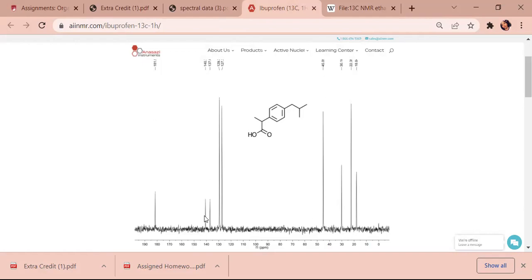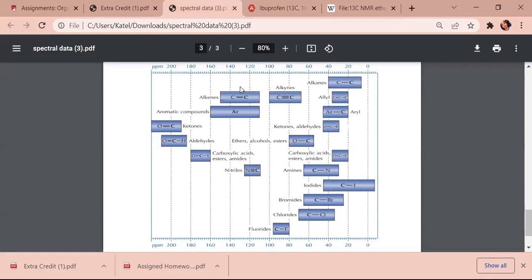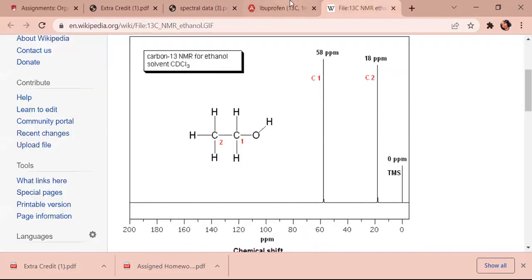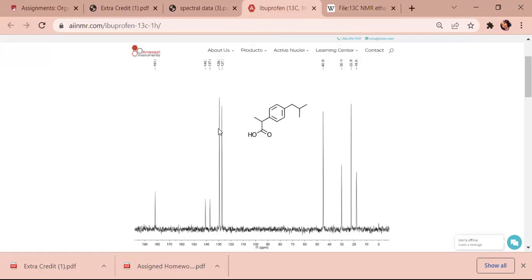However, since there's a bunch of alkenes in the aromatic structure, those are mostly going to show up. Let's see. So it's a little bit further back than the aromatic structure. So it's likely going to be the two big ones, and then the two small ones are just also displaying that aromaticity.